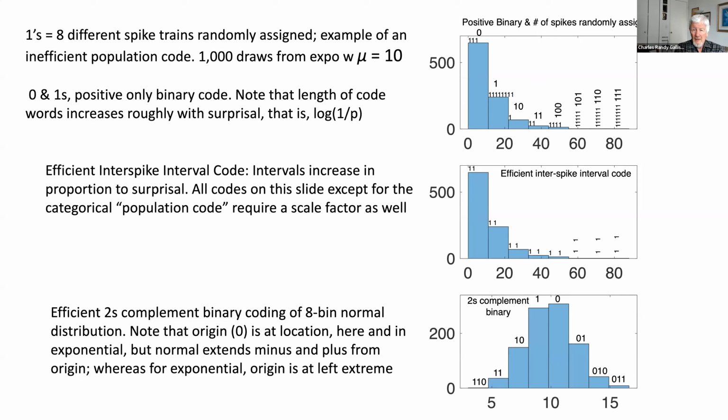One, the model that enables the efficient code enables you to economize on memory storage, which presumably is important. And secondly, the more efficient the code, the better that model is, the better it captures the source statistics.